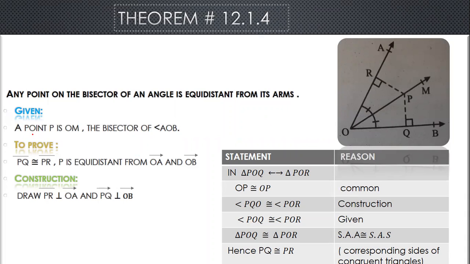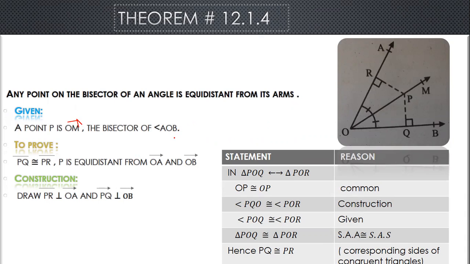Given the point P is on OM. This is called a ray, because a ray has one endpoint. OM is a ray and this is the bisector of the angle AOB.